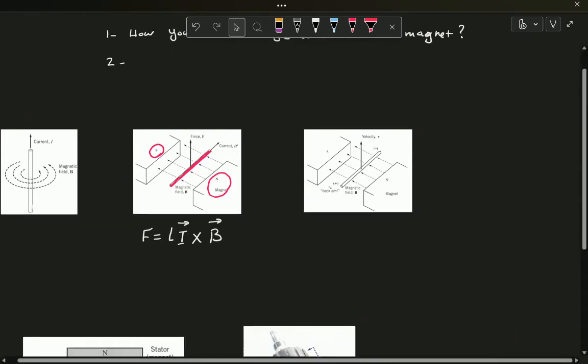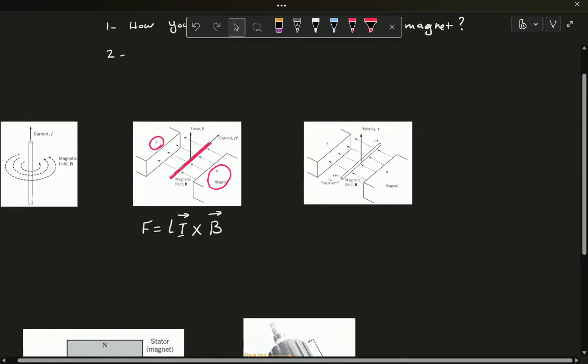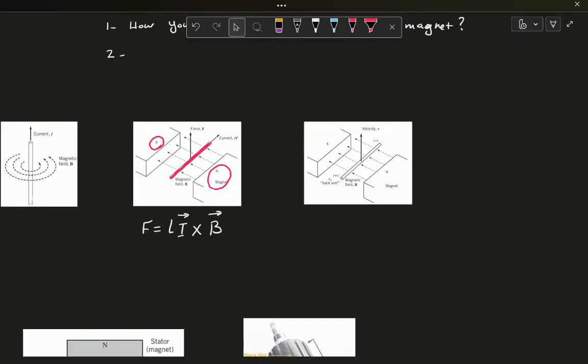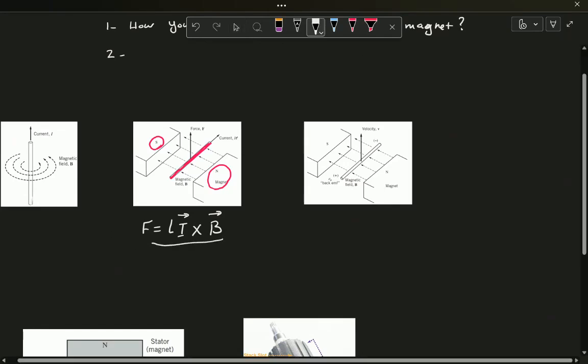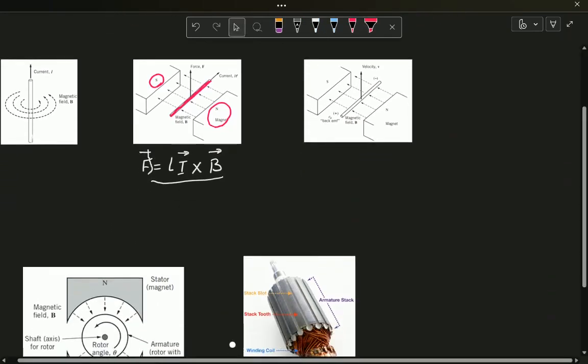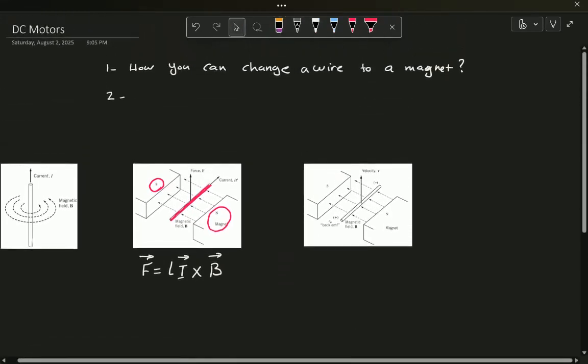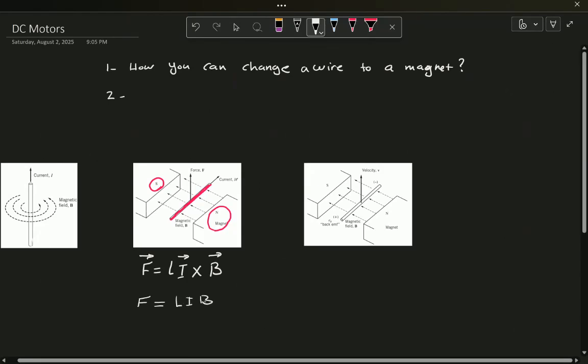Yes? Now, there would be a happy scenario here when your wire or your current and the magnetic field are perpendicular to each other. If they are perpendicular to each other, then this vector formula, so I forgot to mention that force is also a vector in this formula, will reduce to a scalar. So your force would be just LIB or BLI, doesn't matter.